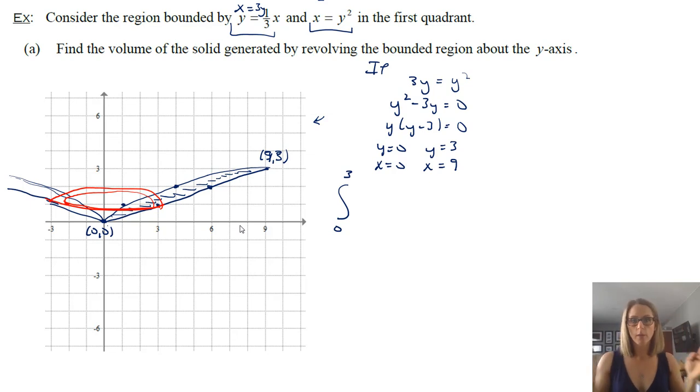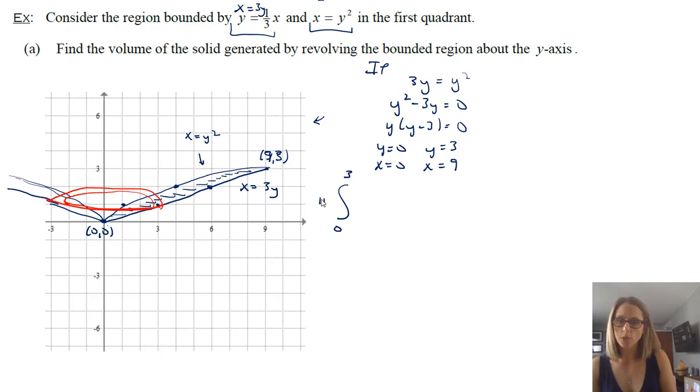So we have the inner one, the x equals y squared. The outer one is x equals 3y. So the outer function is always the x equals 3y. So when I think about doing the outer circles, that's pi r squared, where the outer is 3y.